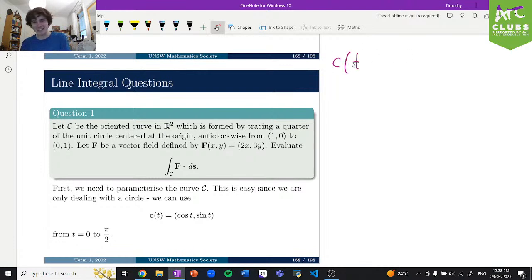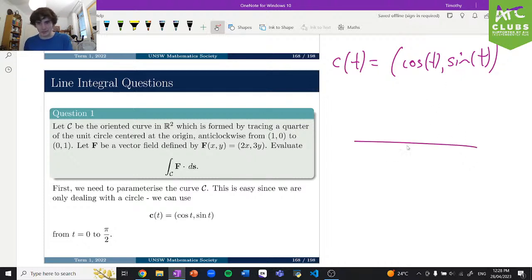We can express this as c of t equals cos of t, sine of t, which is really lovely because as t goes from 0 to pi on 2, we can see that our cos is going to drop from 1 to 0 and our sine is going to grow from 0 to 1, i.e. we're going to go from our original point 1, 0 up to our point 0, 1, which is in the right direction of our curve. So we don't have to worry, our parameterization correctly describes our orientation.